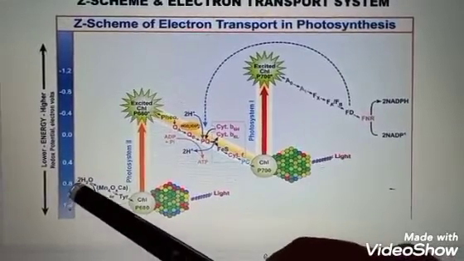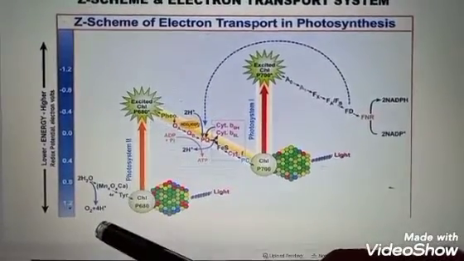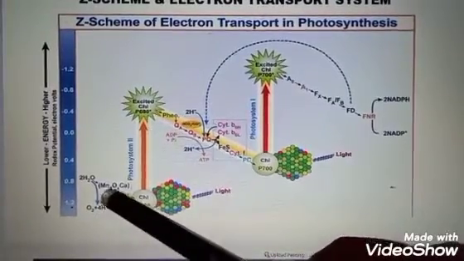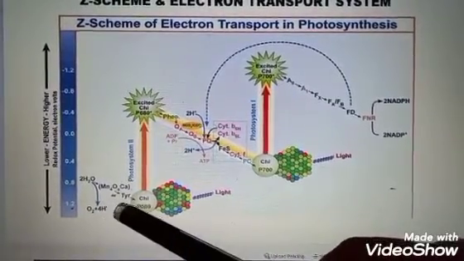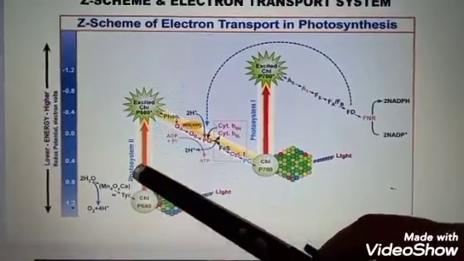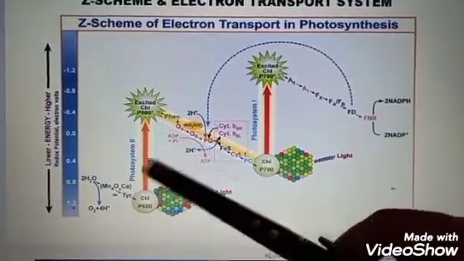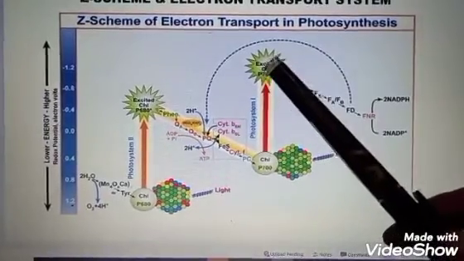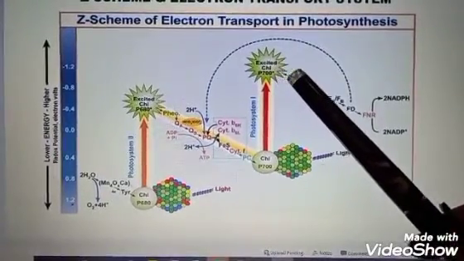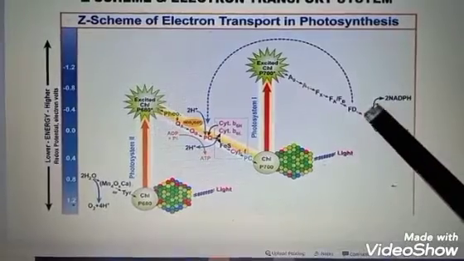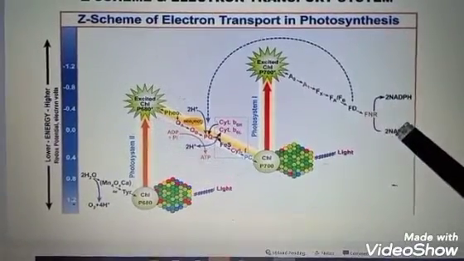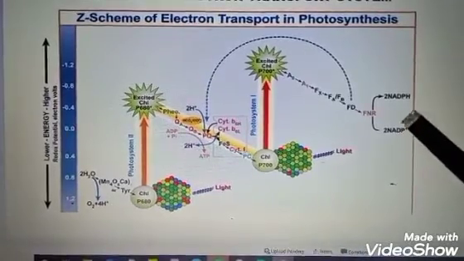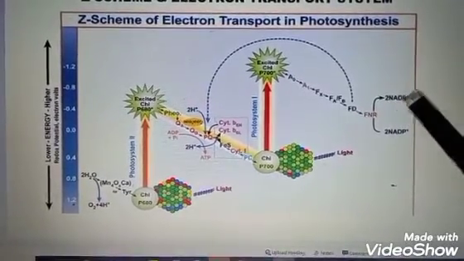Here two water molecules break down, and one oxygen molecule and 4 hydrogen ions are released, and electrons are also released. The electrons move from P680 through different carriers to P700, then to its excited state, and through different carriers reach ferredoxin, and from ferredoxin they combine with NADP, and NADP is reduced to NADPH2, and here the formation of reducing power takes place.